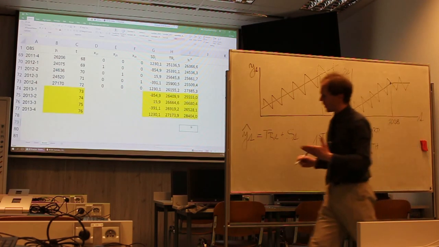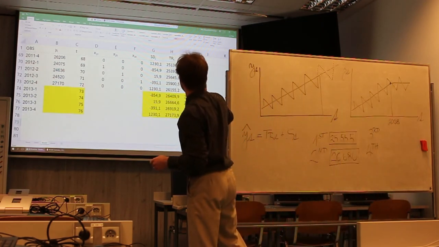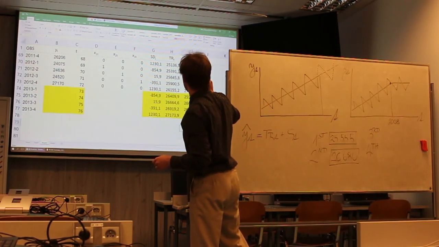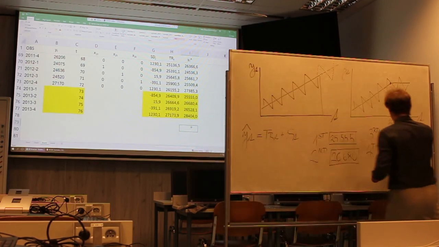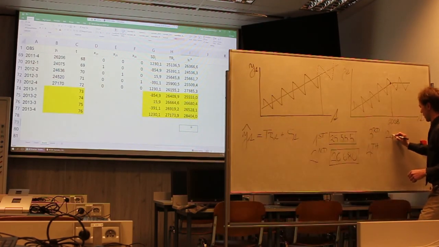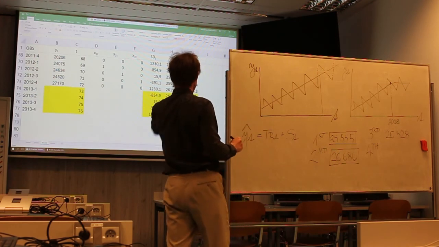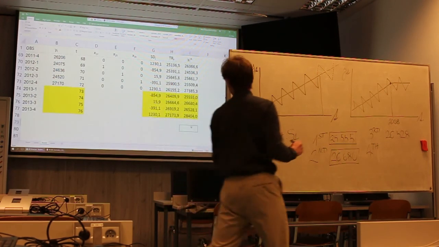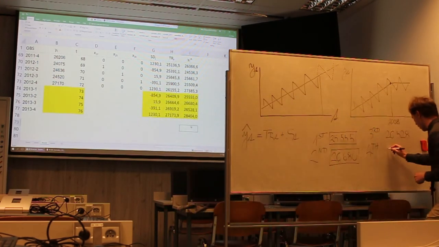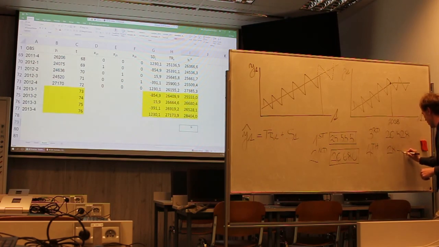Third quarter, third forecast, 26,528. And the last estimated forecast, 28,404.